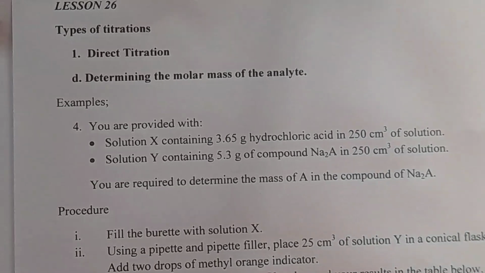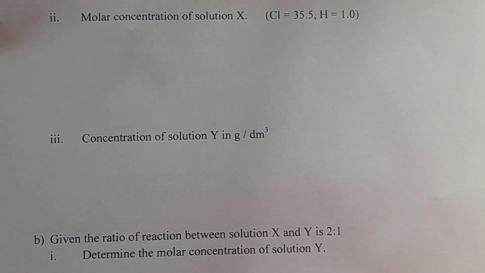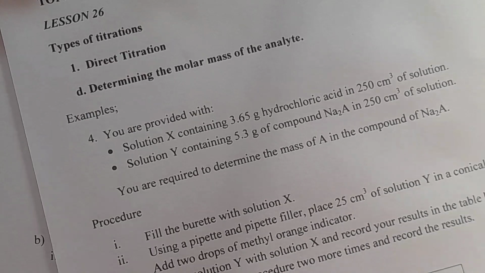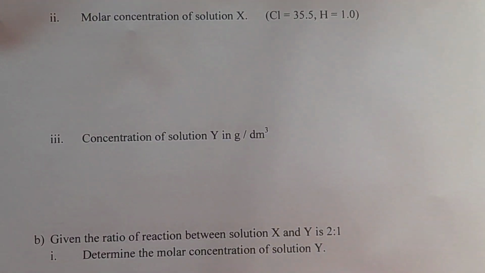So what is molar concentration? That's just molarity. So we can first look at the concentration of solution X in grams per liter. We are given 3.65 grams of hydrochloric acid, which has been dissolved in 250 cm³ of solution.